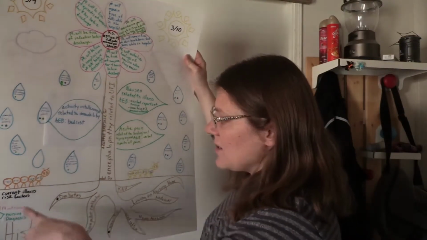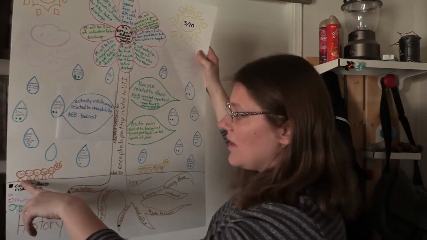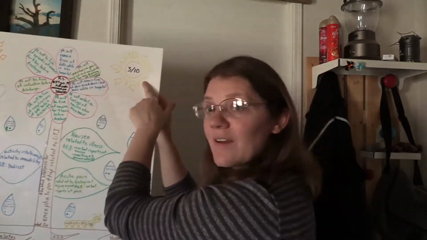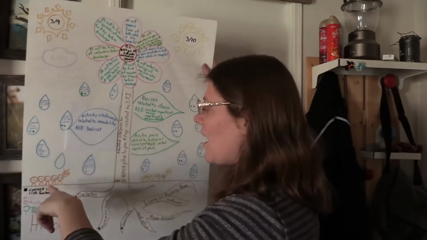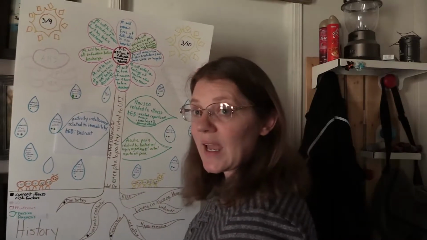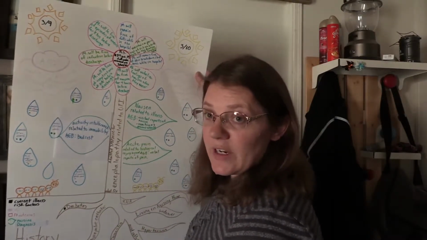His vital signs on the 9th, I color-coded. Anything orange is the 9th, anything yellow is the 10th. On the 9th his temperature was 98.9, which is a slight temperature for him.